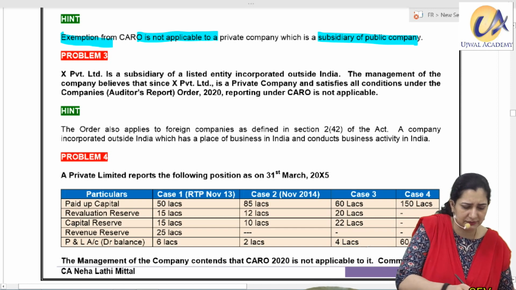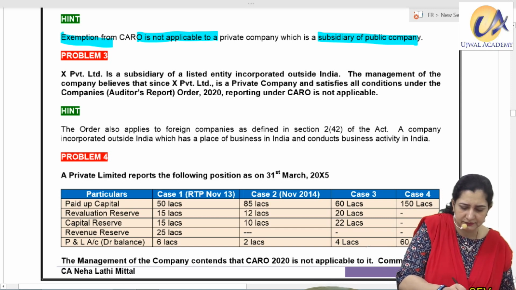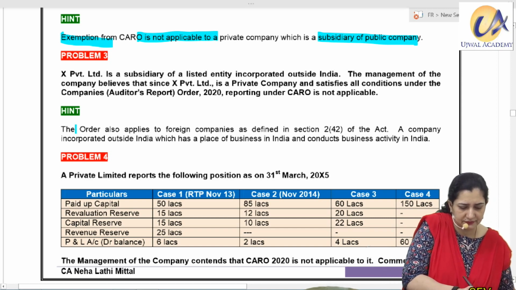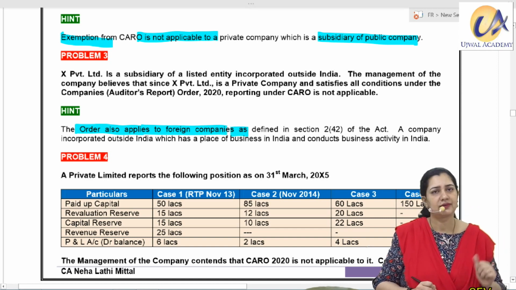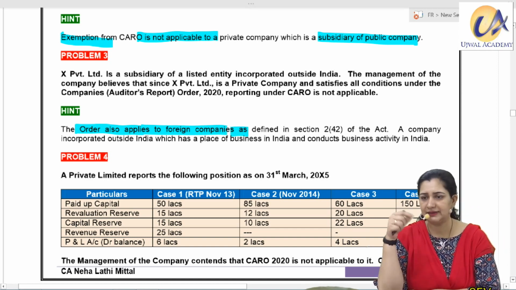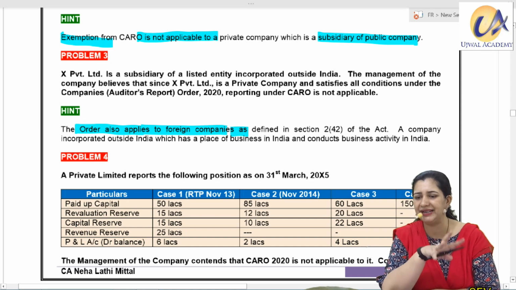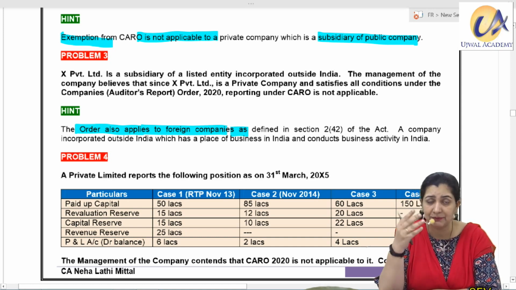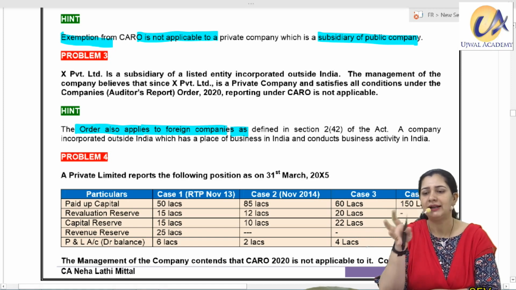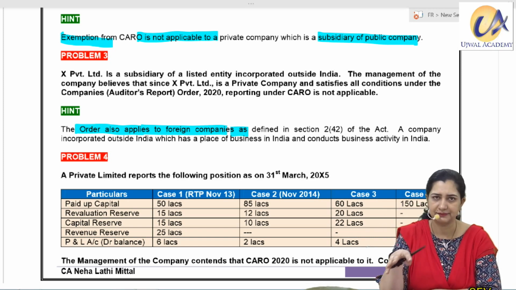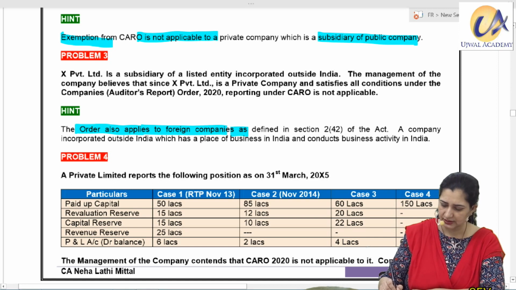So yes, it will be applicable. Okay. See here, in these answers I have just given you a hint, meaning a simple yes or no. But when you write in the exam, you will have to explain the point and then write the answer.